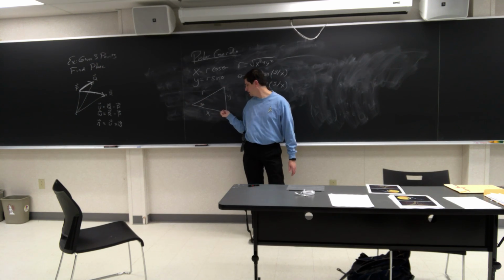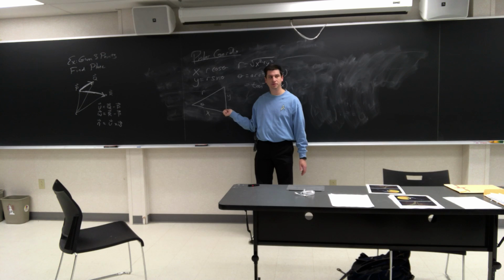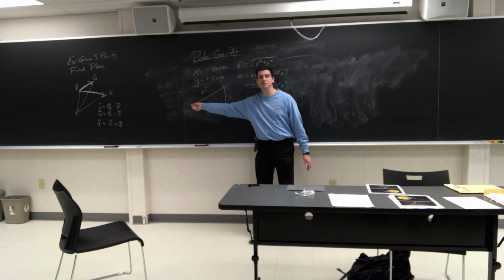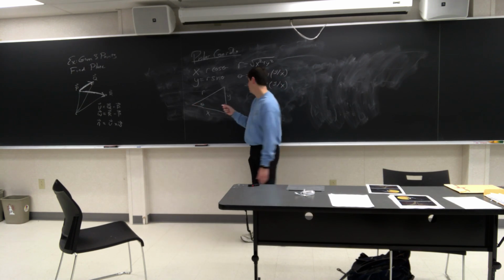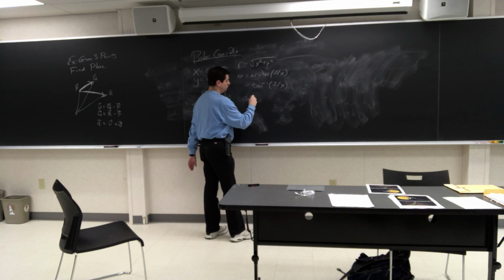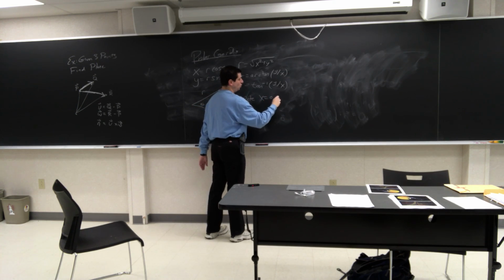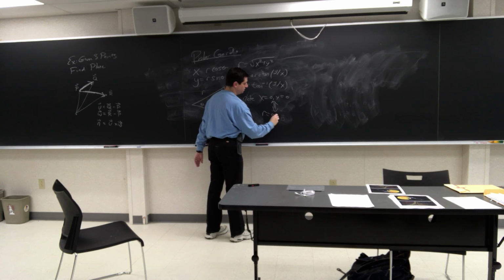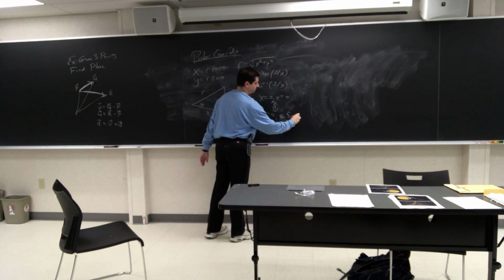If x is equal to, say, 1 and y equals 0, it turns out that we will get an angle of 0 and a radius of 1. So the coordinates will still make sense. The only place the coordinate transformation breaks down is at the origin. So note x equals 0, y equals 0 goes to r equals 0, theta is free.